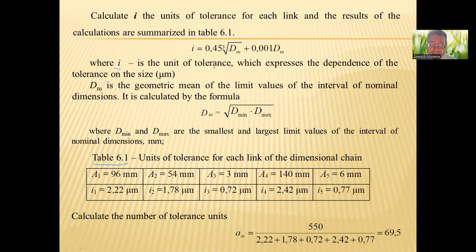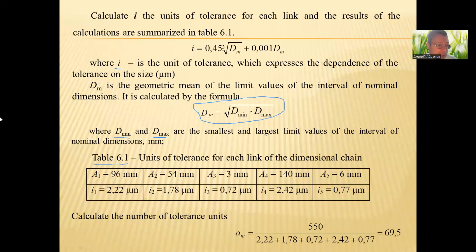D suffix m is the geometric mean of the limit values of the interval of nominal dimensions. It is calculated by the formula on our slide, where d minimum and d maximum are the smallest and largest limit values of the interval of nominal dimensions.